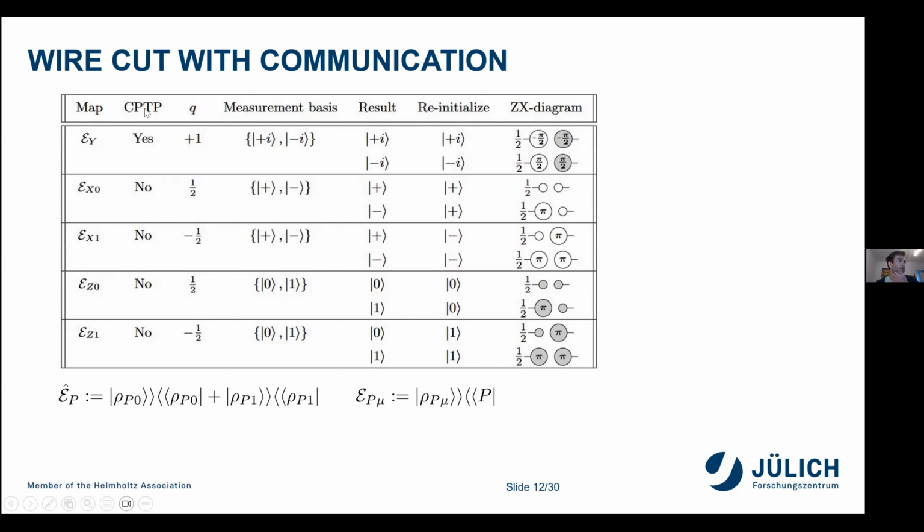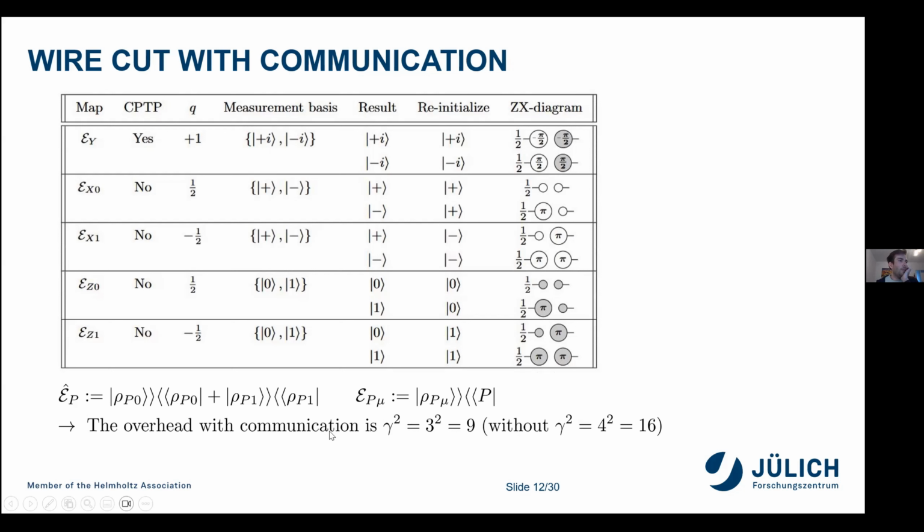In the second column, we say that only the first map is a completely positive trace preserving map, because for the other ones, we sometimes have to add a factor of -1 by hand to the contribution of the expectation value. And here on the very right, we show the ZX diagrams corresponding to the channels. This means that if you want to cut a wire in ZX calculus, you have to insert these diagrams at the point where you want to make the cut.